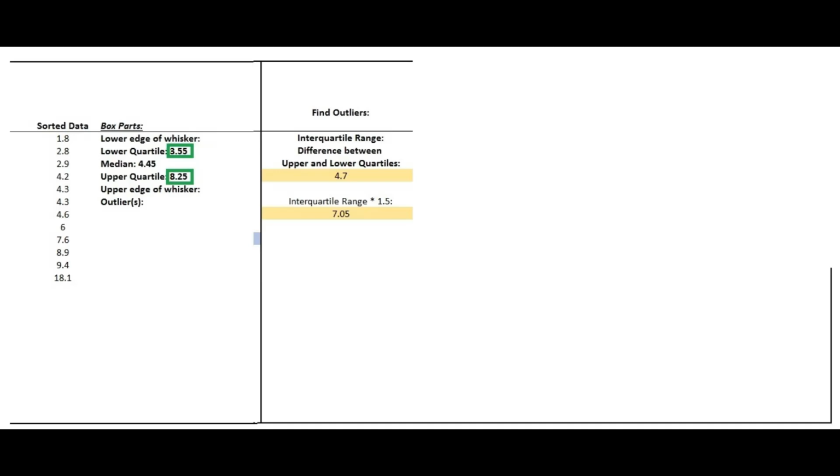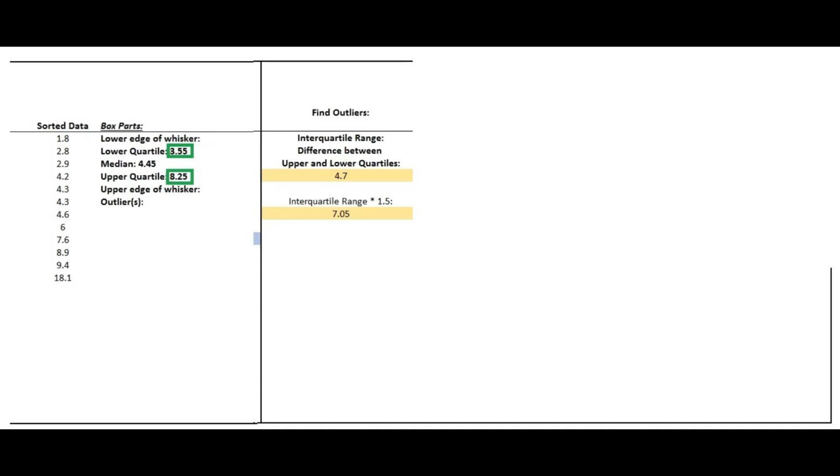Now, if we find our outliers, we have to figure out, well, what's a reasonable range for that? And the guy who invented it just came up with the number 1.5 as a measurement of how much you need to multiply that interquartile range by. So he said, multiply that 4.7 by 1.5, and that is going to give you a standard for measuring whether a value is way above or way below the data range.